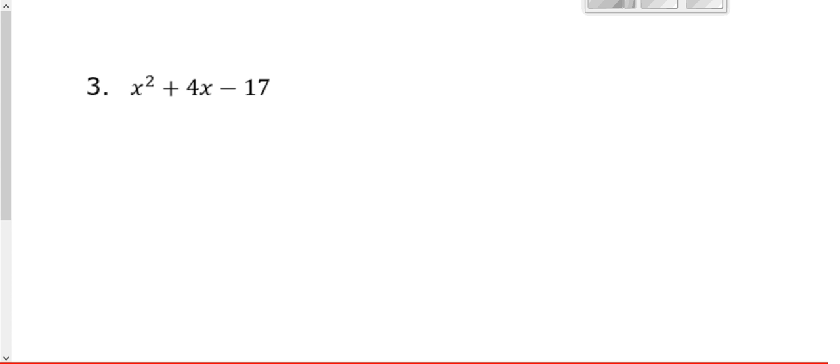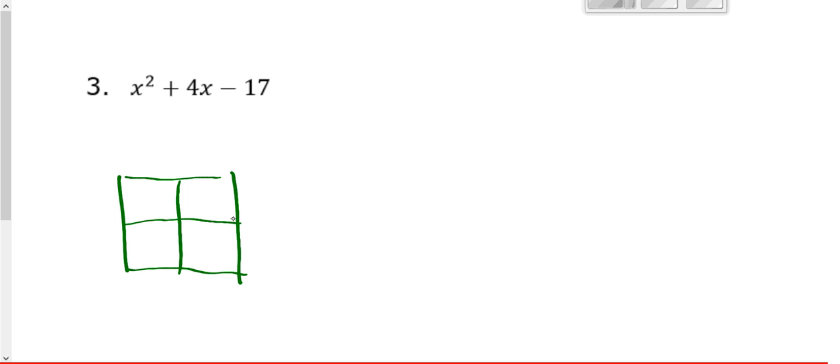Okay, number 3, I can see that my first term is 1. If I try to factor this, which I can do, okay, trying to factor x times x is x squared, I'd be looking for 2 numbers that multiply to give me negative 17 and add to give me 4.